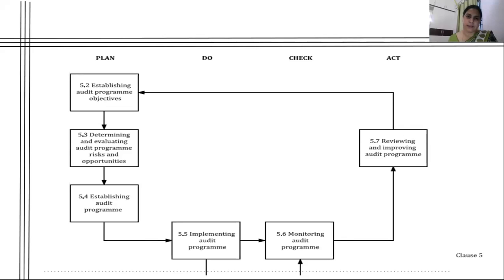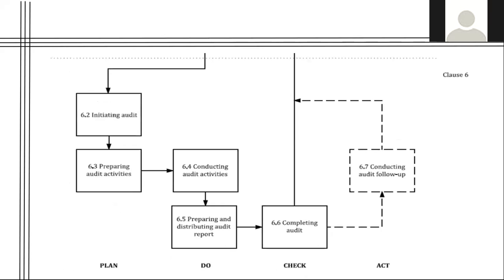Yes, if I can also get things clarified: in this slide, ma'am, we are talking about how an audit program is formed and how it is reviewed. And in the next slide, it is just a flowchart showing how an audit is conducted and how that conducted audit is also reviewed in a way.